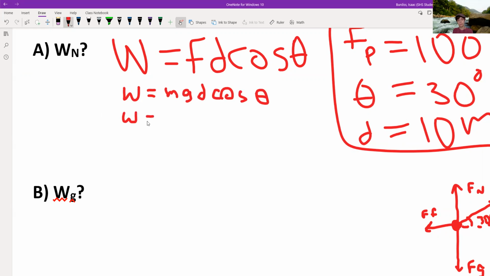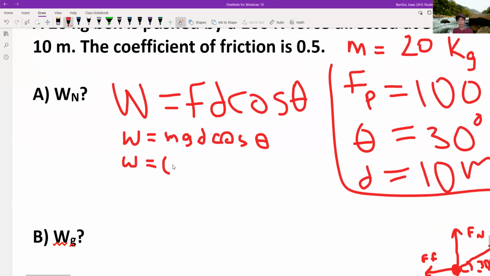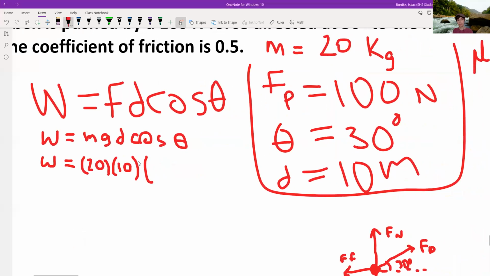What is the mass? Mass is 20. Gravity is 10. What's the distance? Oh, 10. What is the angle?